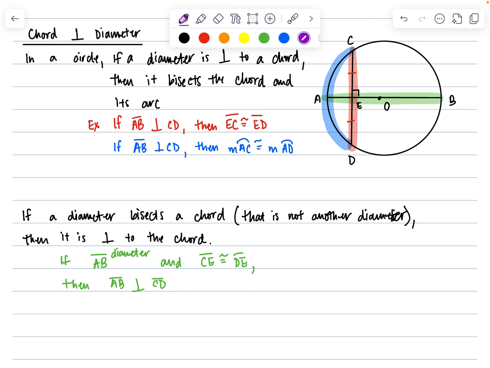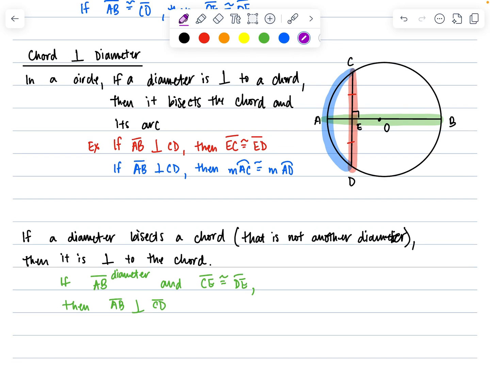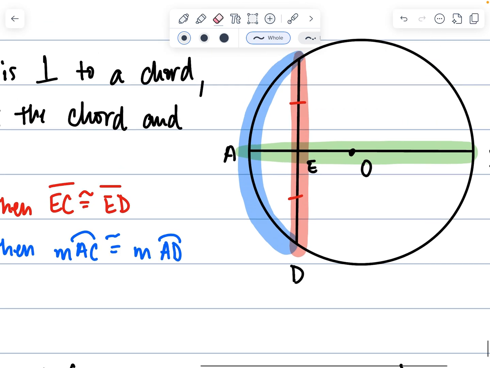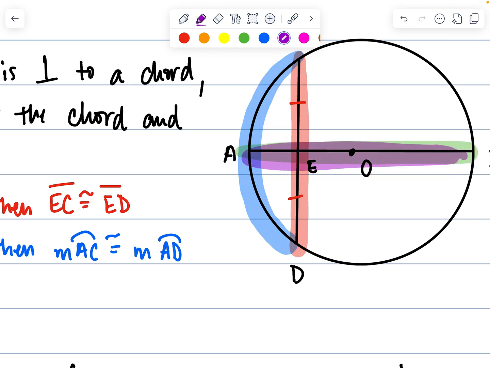Okay, so what's happening here? I'm going to erase this right angle. This right angle's gone. We are starting off with the statement. Let's use purple. We have a diameter, and then we have a chord that is broken up into two congruent pieces. If that's the case, then a right angle is formed from the chord and the diameter.